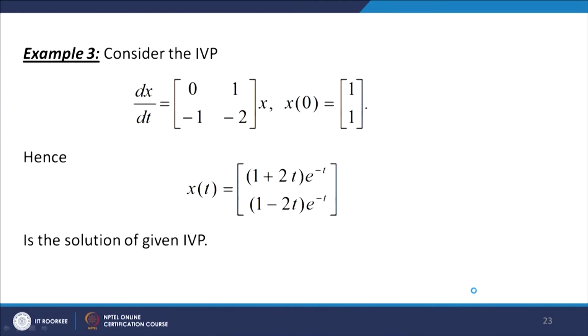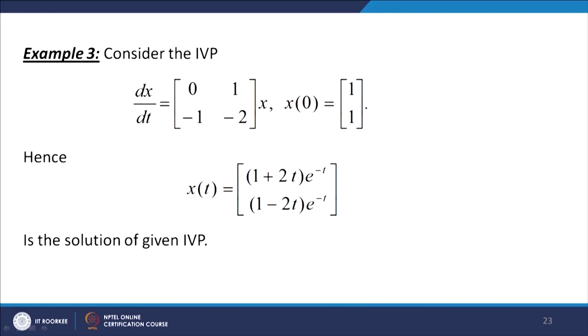Now, here what I have done is I have taken the initial value problem, the same vector differential equation as in the case of example 2, dx by dt equal to the matrix (0 1; minus 1 2) times x. Only what I have done is I have given the initial condition, that is at t equal to 0, x is the vector (1, 1). Okay.